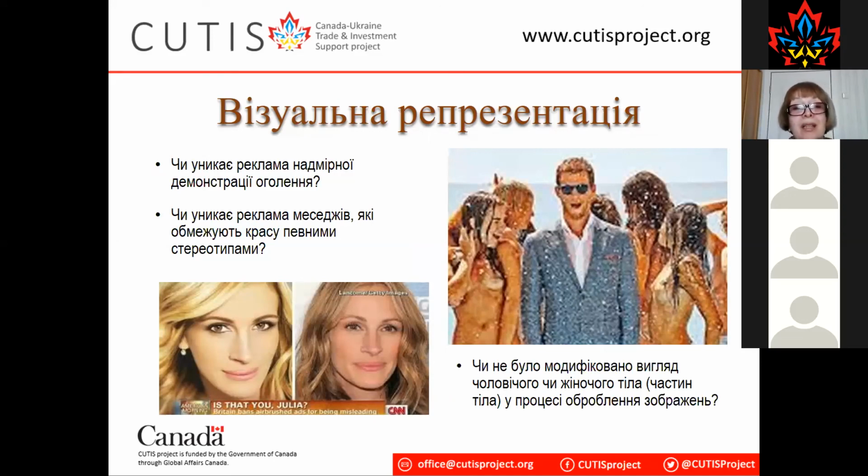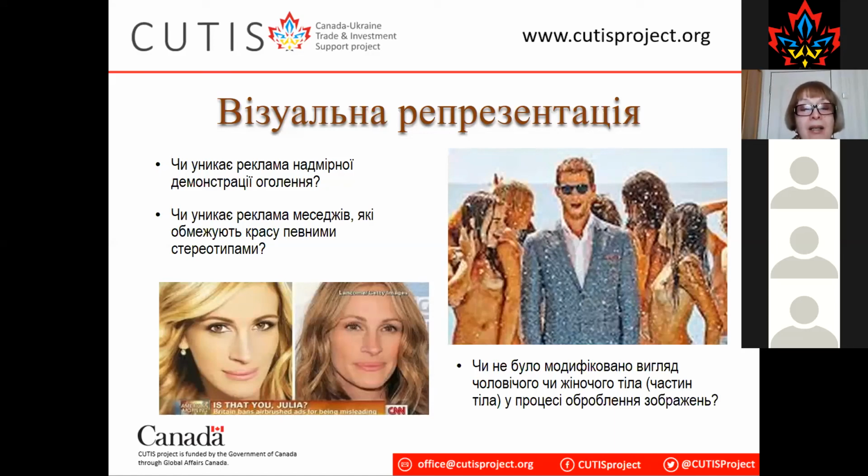I'm very positive about Julia Roberts, and I really like this picture, and I wanted to show you how the image can be manipulated, whether the appearance of a woman's or man's body has been manipulated. On the right, you can see the advertisement. I don't remember which brand that was.